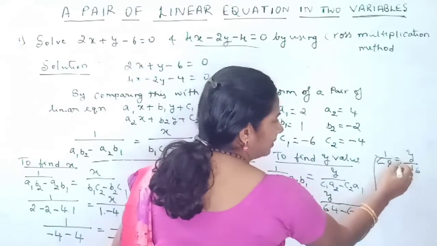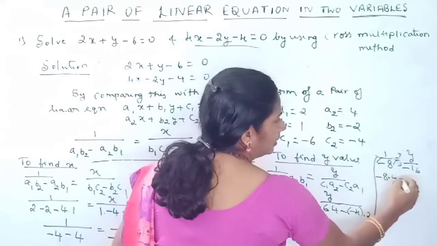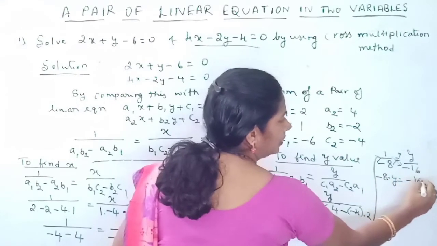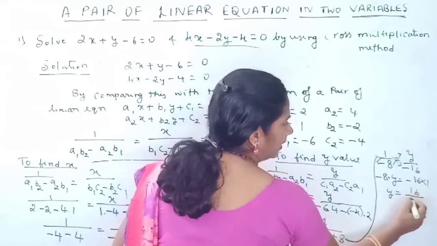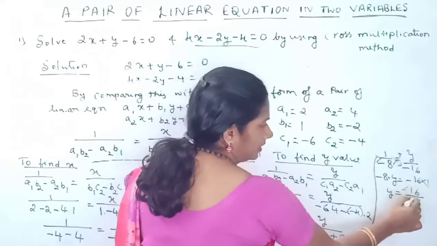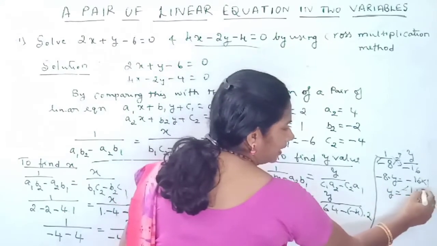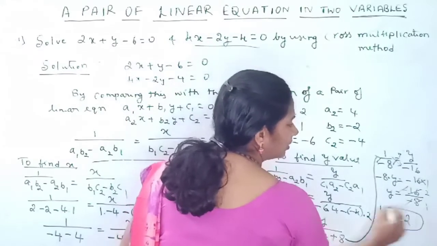Now do cross multiplication. Minus 8 into y equal to minus 16 into 1. So y value is minus 16 divided by minus 8. Now minus minus get cancelled. 8 ones are 8, 8 twos are 16. So y value you will get 2.